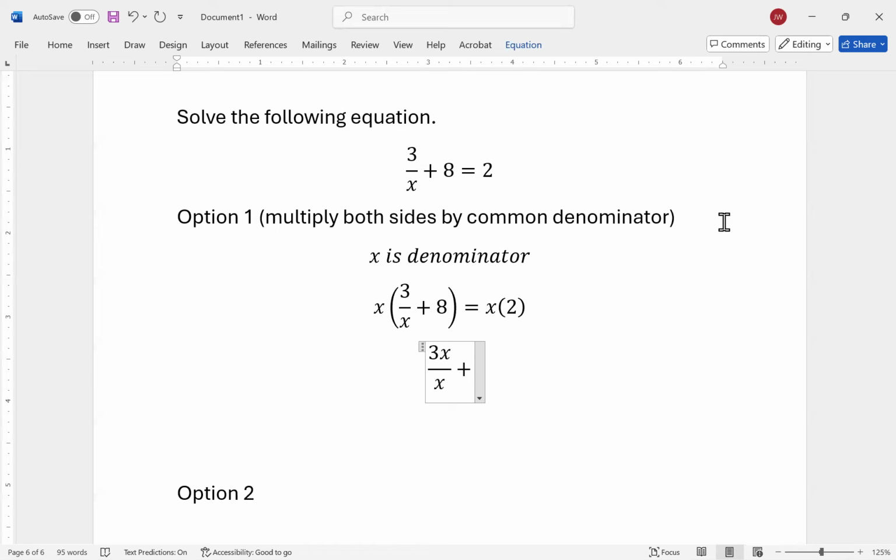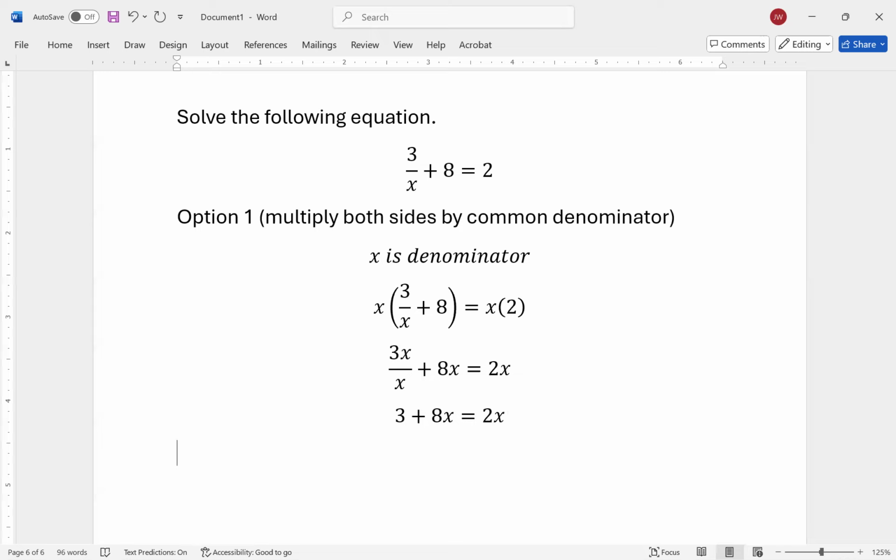Then I would get 8 times x. And then on the other side, I'd get 2 times x. Now here's the trick. x divided by x is just a 1. So those would cancel each other out, and I would end up with 3 plus 8x is equal to 2x.